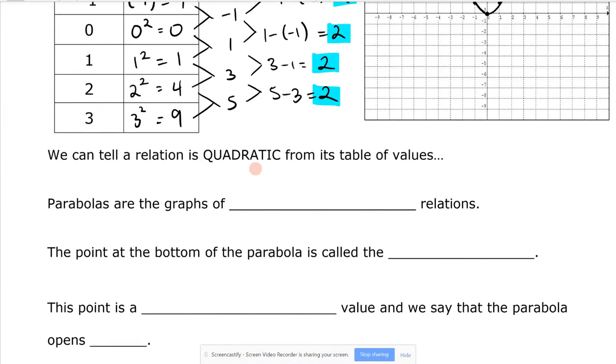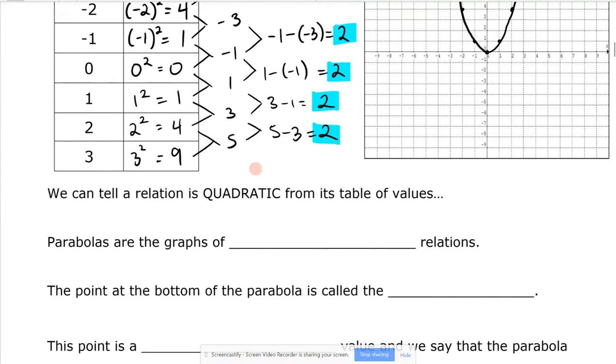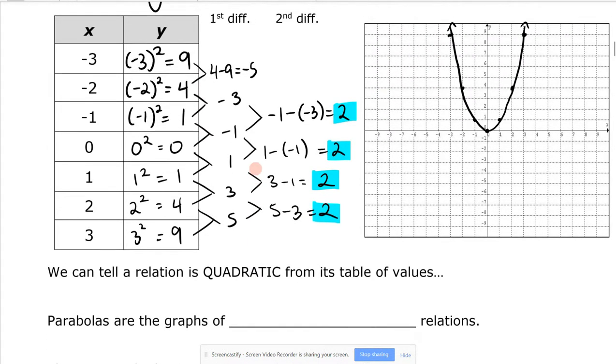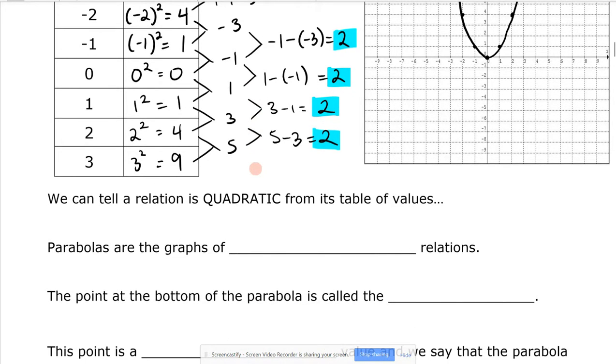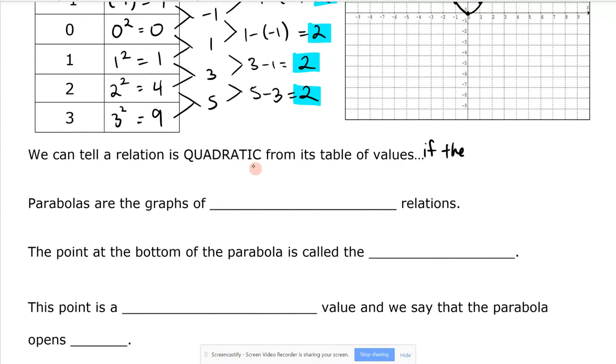Okay, so this is a quadratic relation. We can tell it's a quadratic from its table of values if the second differences are all equal, or you can say constant.